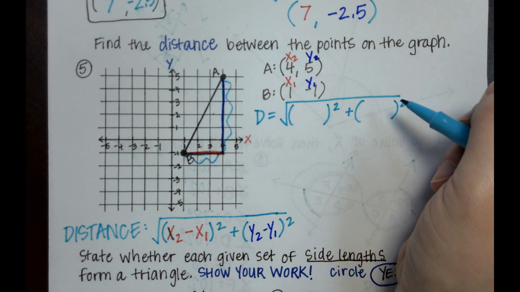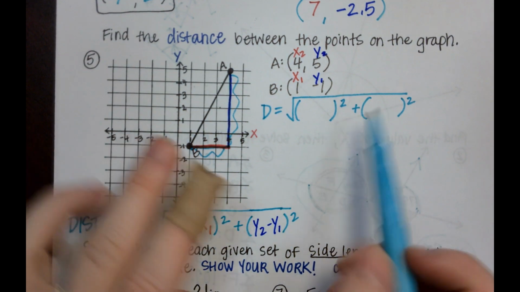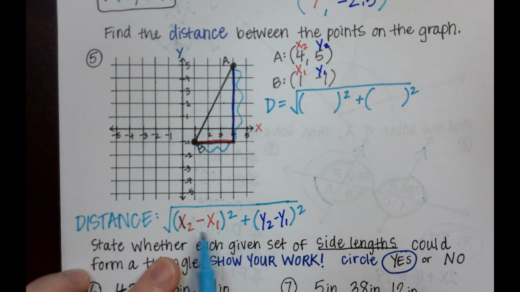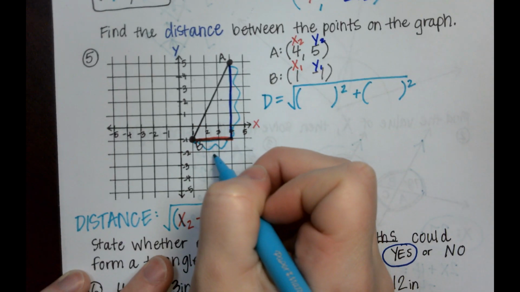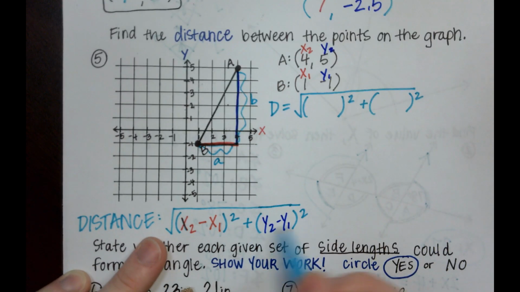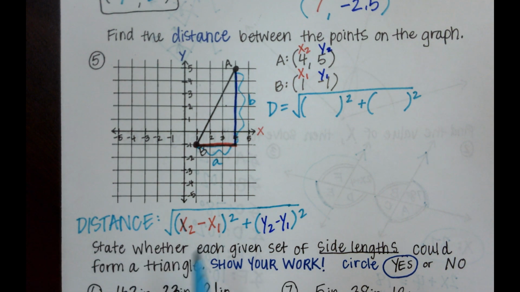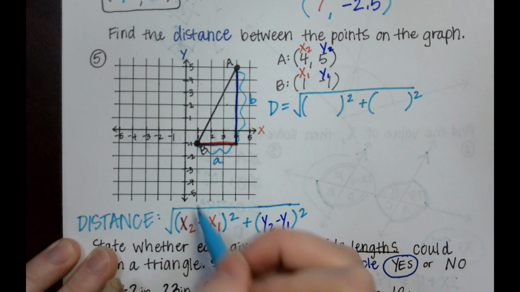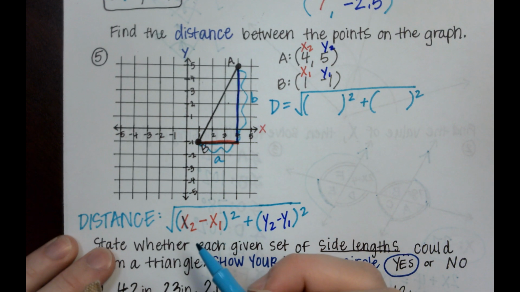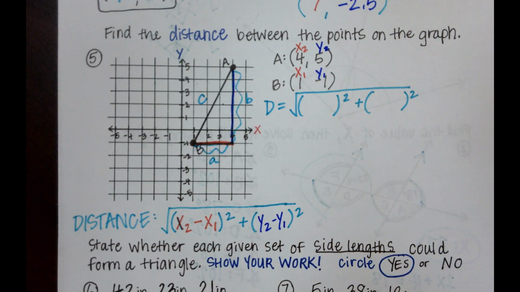So what we're doing by writing the big square root is because really what we're solving for is x2 minus x1 is our a, y2 minus y1 is our b, so a squared plus b squared, and we're solving for c. But instead of writing c squared, we just went ahead and put the square root over here. Does that make sense? Okay, perfect. So here's our c.